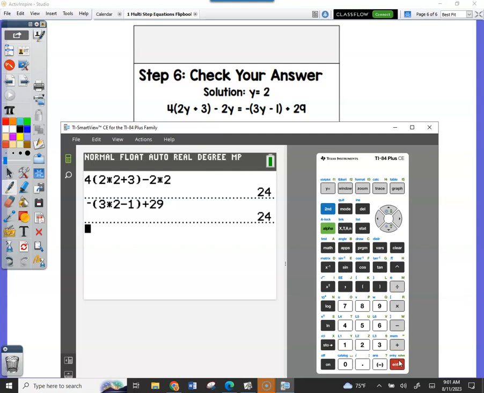And then if they match, you did it right. 24 is not the answer, excuse me. 24 is the value of each side. To get that value of each side, y has to be 2. So yeah, the number doesn't matter what you get as long as it matches.